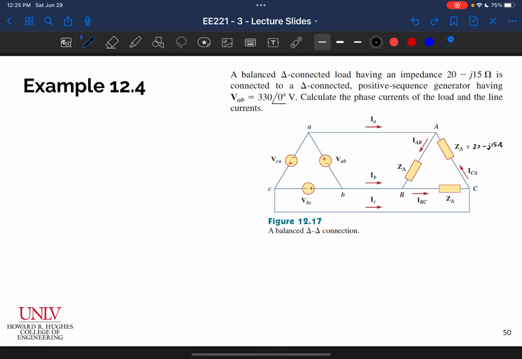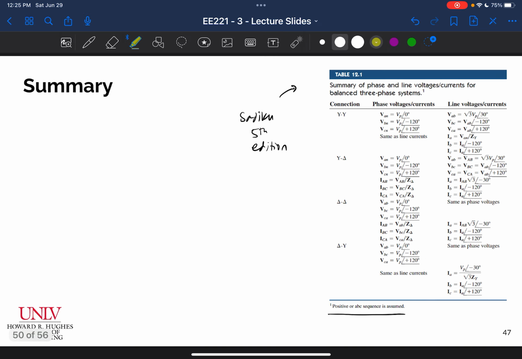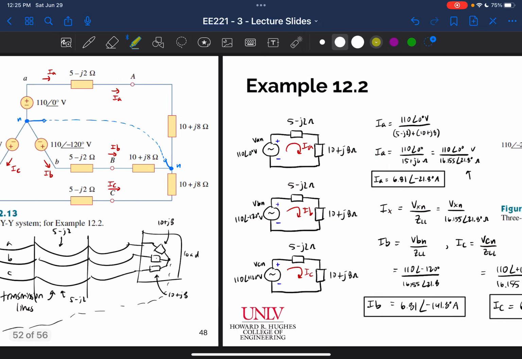First of all, they give us the load impedance, which I just talked about. Second of all, let me highlight this. This is a positive sequence generator, which I talked about previously. As they say, positive sequence is assumed, or an ABC sequence.